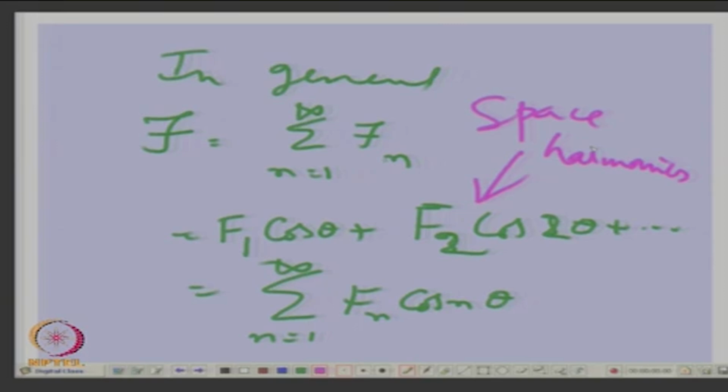Is it clear? Any doubt? Okay. All of you are clear now. What do I mean by space harmonic? Any non-sinusoidal MMF wave produced will give rise to this, right. Now, what will be its impact?